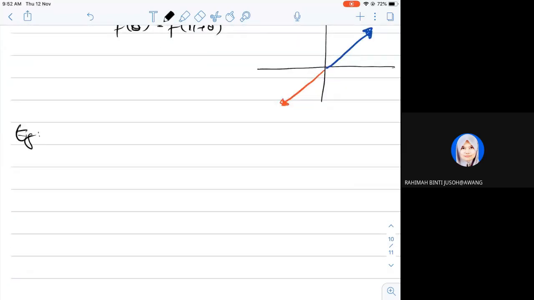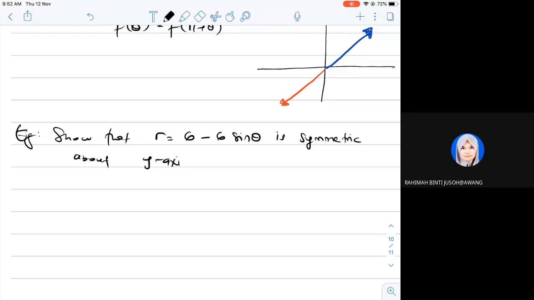Example, show that r equals 6 minus 6 sin theta is symmetric about y-axis. Sorry, bukan cos, sin theta.